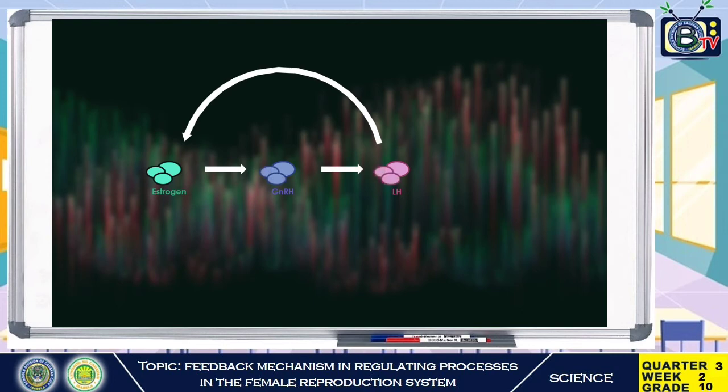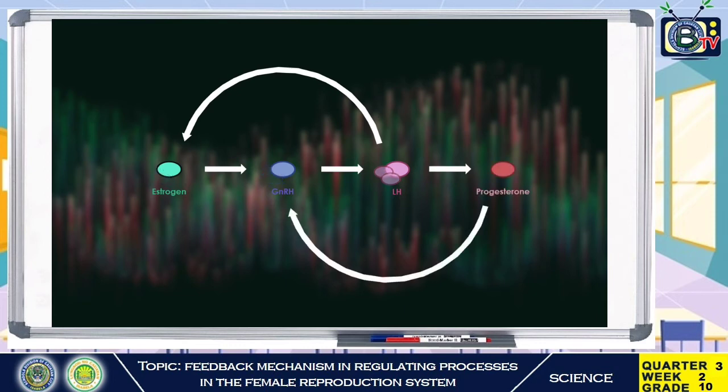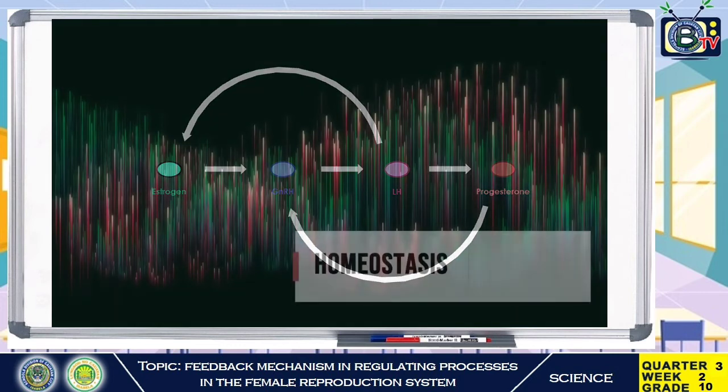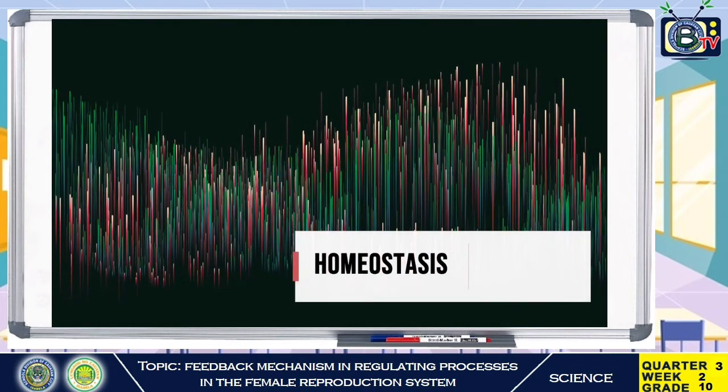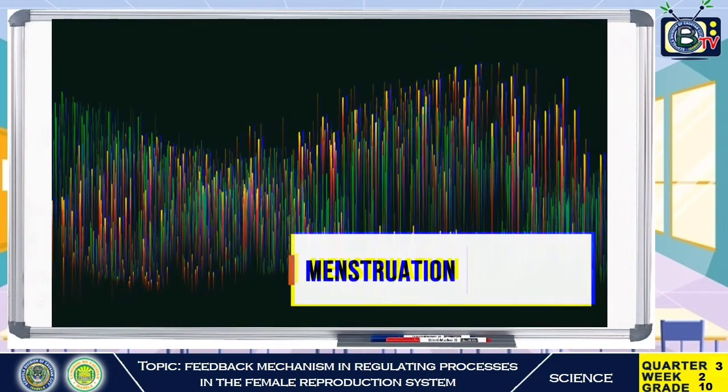If the LH level of the blood becomes too high, progesterone will inhibit the production and release of GnRH and LH. So this is how negative and positive feedback mechanisms work in this particular physiological mechanism to maintain homeostasis or balance.